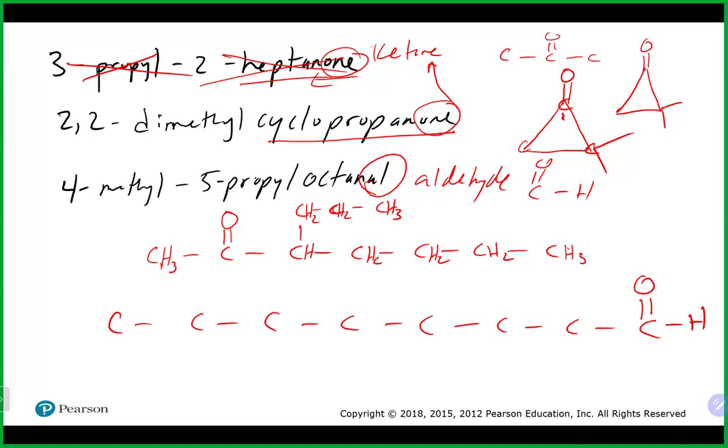That means for me, because I put it on that side, that is going to be my carbon number 1. If you put it on the other side, then that would be your carbon number 1 on the other side. And because that's carbon number 1, I'm going to go 5 carbons over. 1, 2, 3, 4, 5. I'm going to put a propyl group here, which again is a 3-carbon group. And I'm going to go to carbon number 4, which is actually 1 before, and lay me up a methyl.